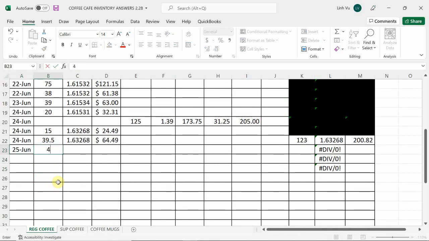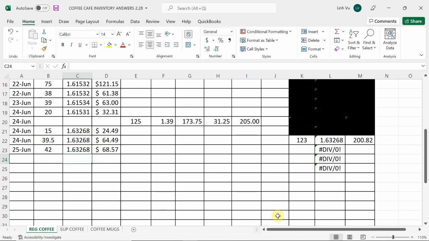On the 25th, we used 42 pounds. Right now, my current average cost per item is 1.63268, and that's going to give me a grand total of $68.57. Excel has seen what I've been calculating, so now it has already done it for me.